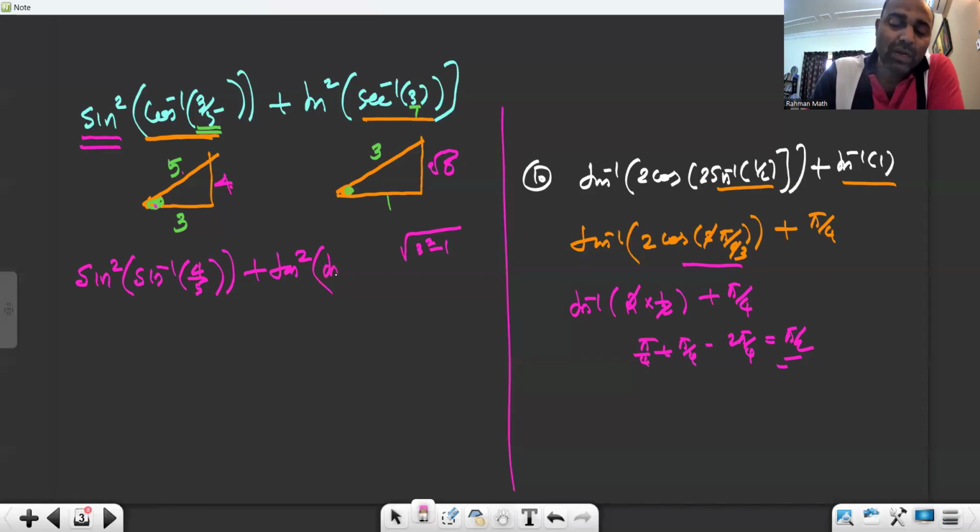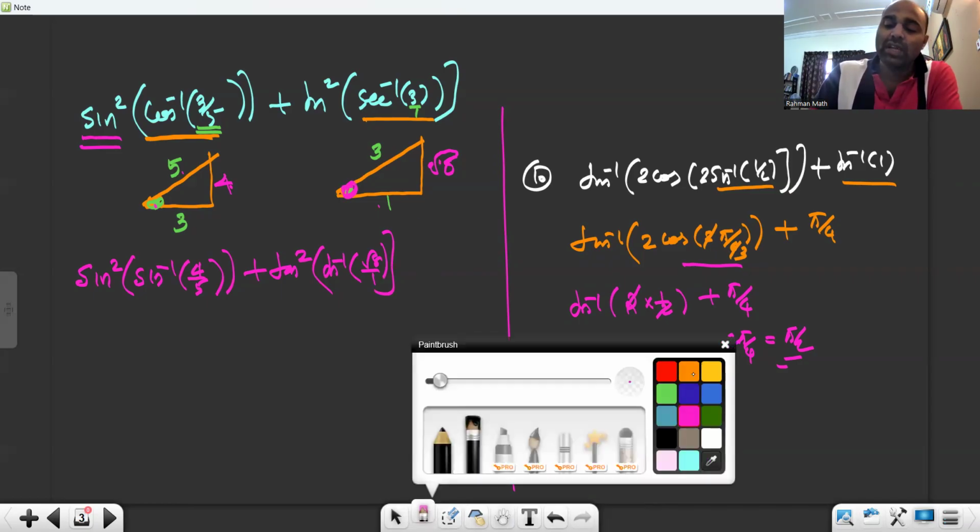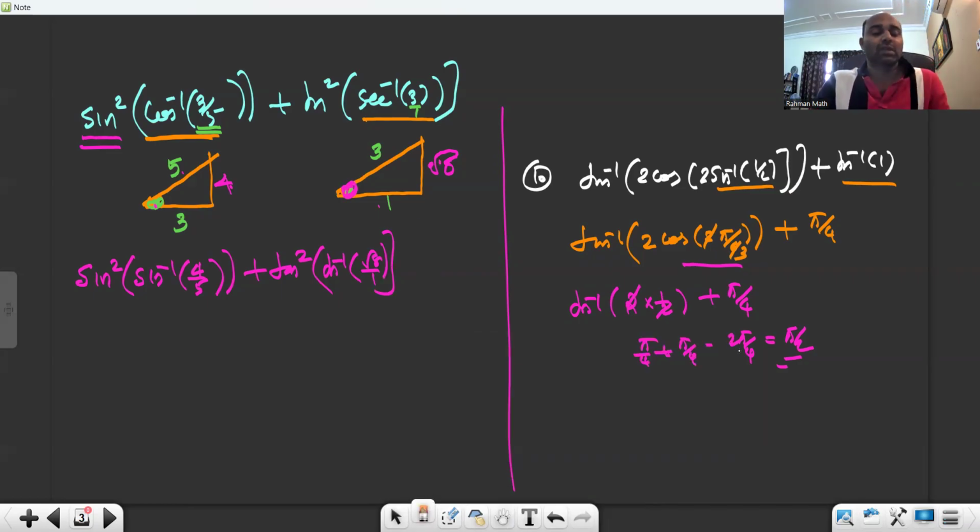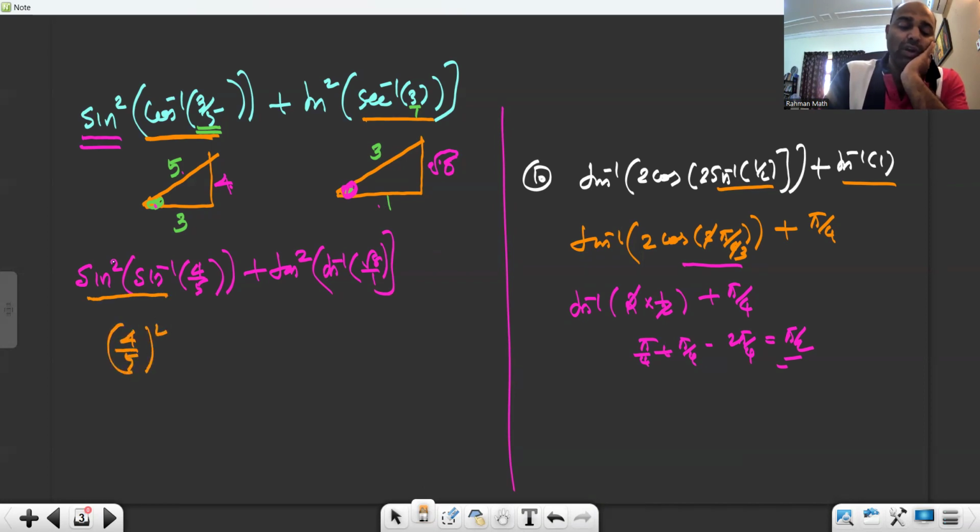Outside tan, so inside should be tan inverse. Tan definition is what? Opposite by adjacent, root 8 by 1. Outside tan square is there, inside should be tan inverse. Now sine and sine inverse get cancelled. Only 4 by 5 with the square remains. That is the square.